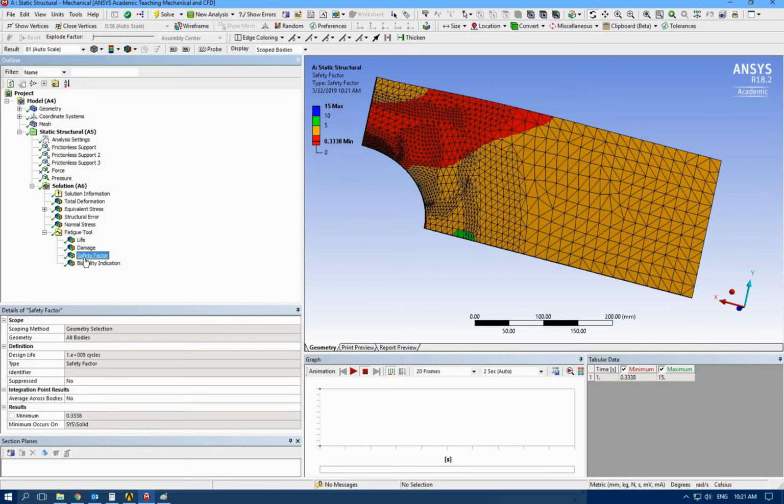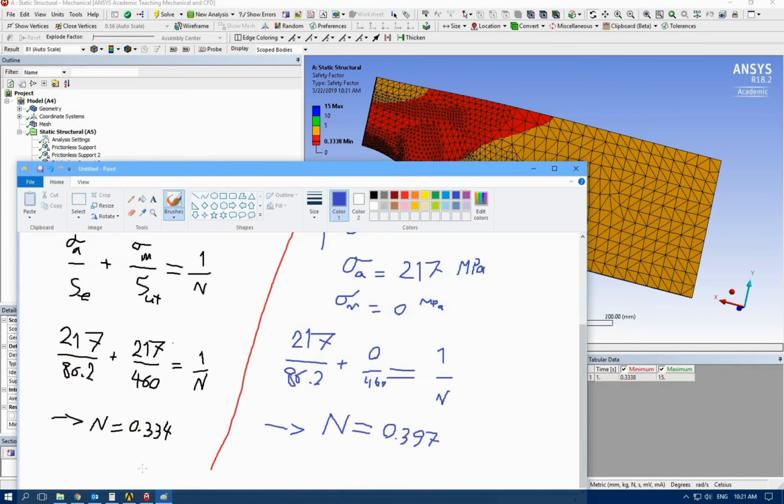Let's see safety factor. For case 1, which was the zero-based load, it's 0.33. Let me see what we found. Oh, it's pretty close. Our hand calculation shows safety factor 0.334, here 0.3338, which is almost close.